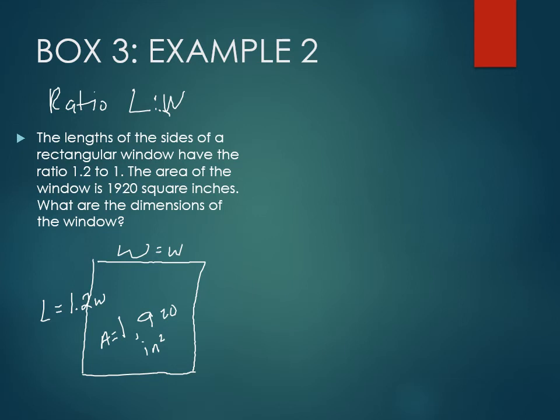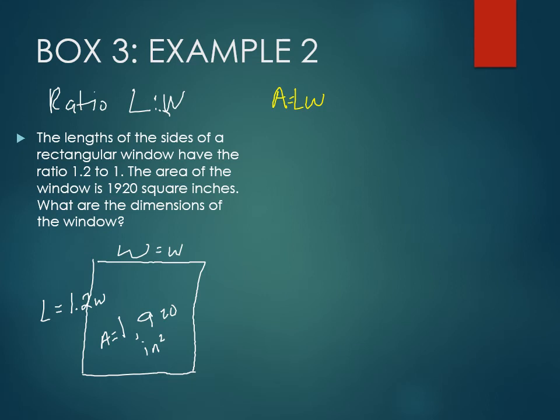So now, we've drawn our picture, we labeled our information, we're going to come up with our equation. So, what is the equation for area of a rectangle? Length times width. That's it. Did we draw a rectangle?